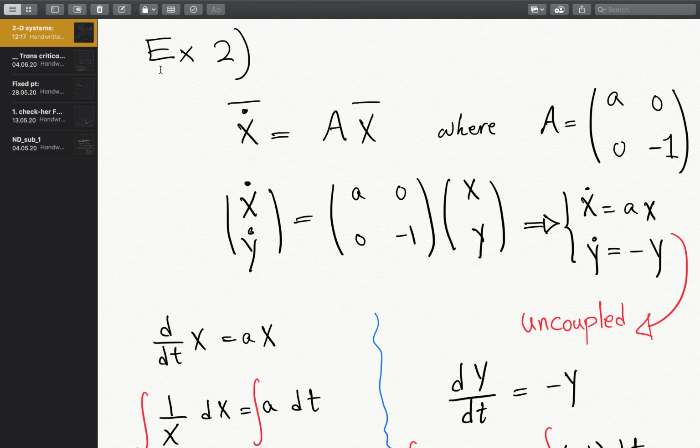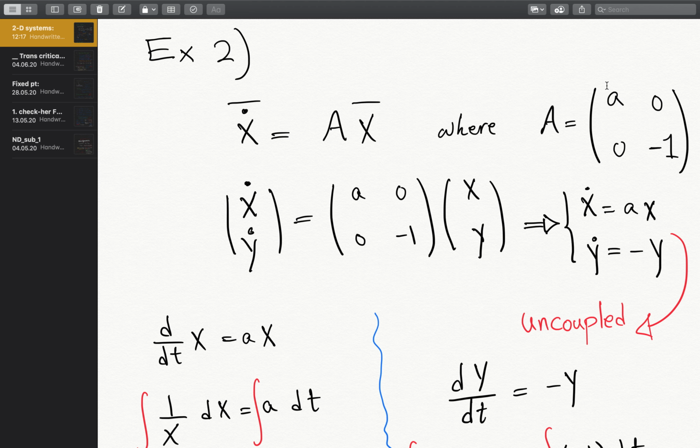So in another example, example 2, if we have x dot equal to ax again, where our matrix has a variable like a, which is not actually a variable, it's a constant, but we just want to see different behaviors with different choices of a.